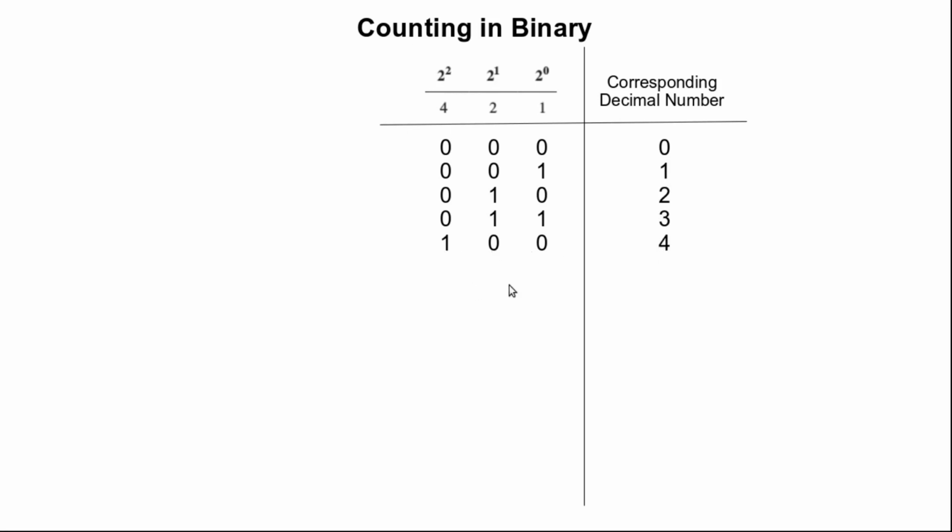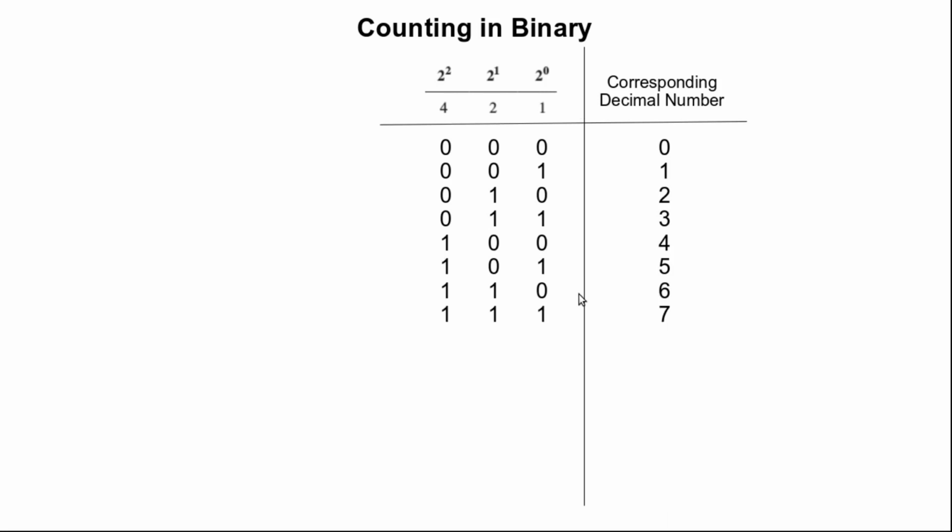Now if we want to represent 5, it will be 4 plus 1, which is equal to 5, so I can write 1 0 1. If we have to represent 6, it will be 4 plus 2, so it will be 1 1 0.